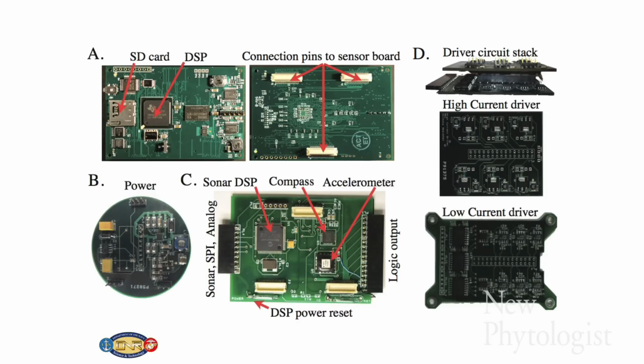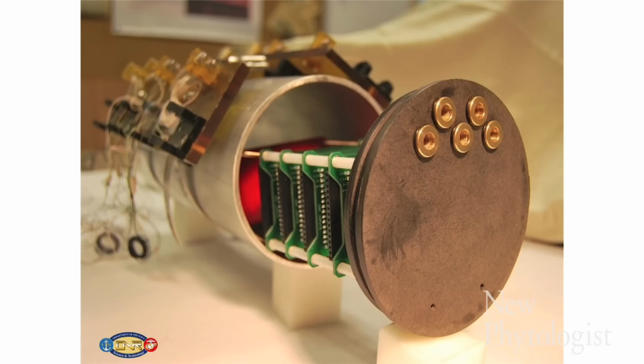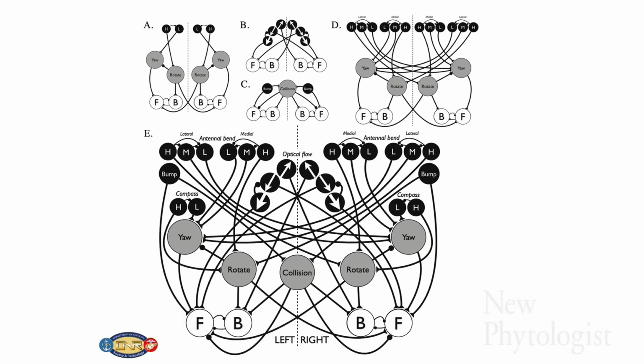It all uses the same hardware, and we're in the last parts of getting all this to fit together in the lobster robot. And it has a similar set of reflexes for heading deviation, for collision, for optical flow, and for input from its antennae. And this is basically the brain for the lobster robot to give it pretty much the same capability that we see in the lamprey robot.